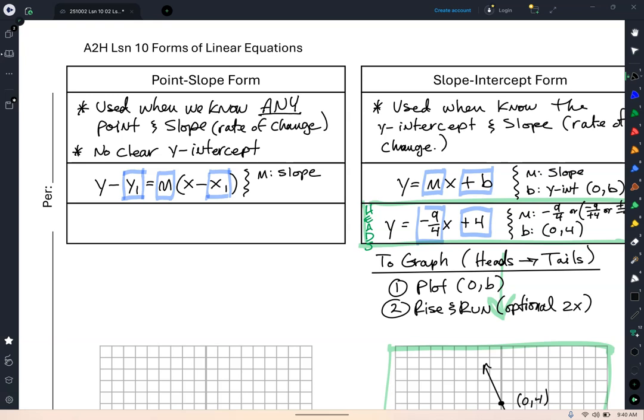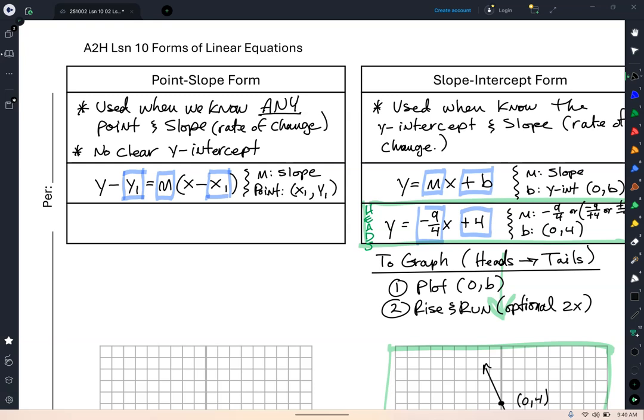It is the any point that we know. So our point of point slope is going to be x sub 1 comma y sub 1.